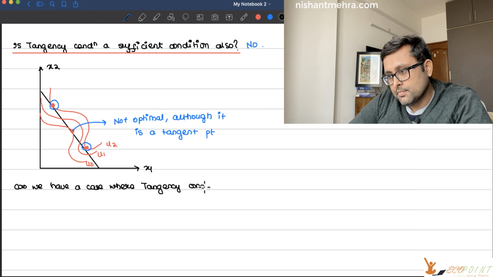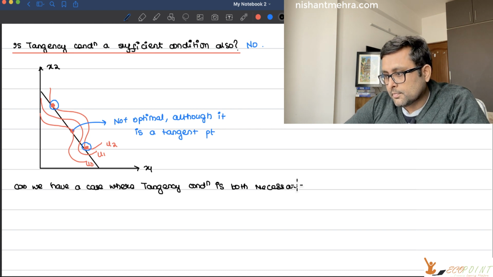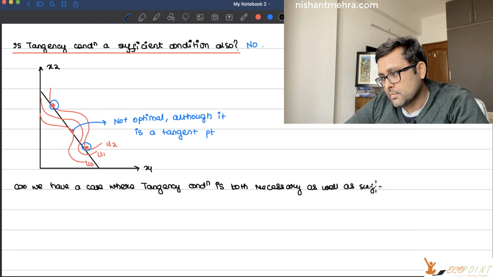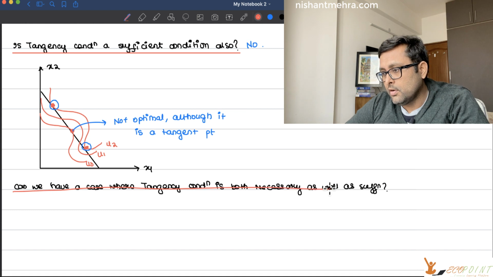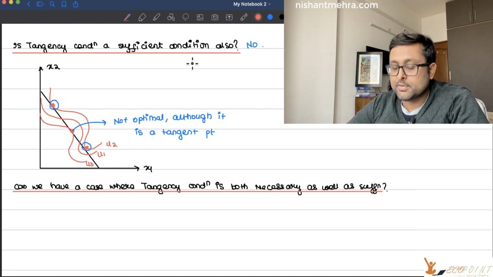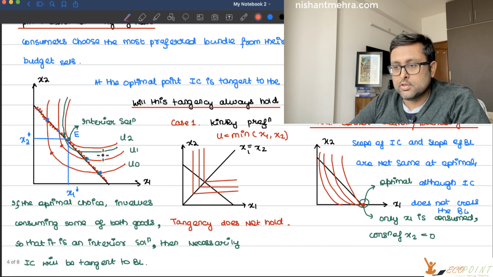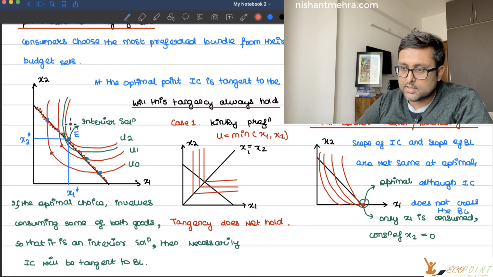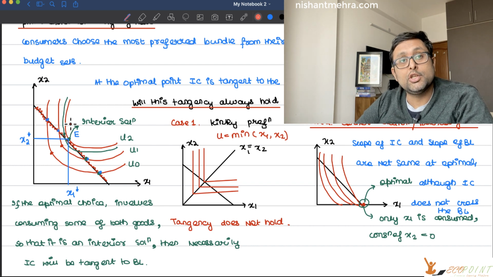If you look at this diagram here, you have an interior solution and strictly convex preferences. In that case, the tangency condition must be satisfied, and the tangent point must be an optimal point.